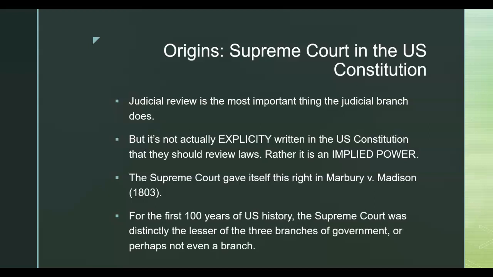Either way, judicial review is now established practice. Everyone expects it. It's 217 years of judicial review as of recording this video. So, there you go. We would call that an implied power, right? It's implied in the Constitution that you're allowed to do this, but it's not explicitly stated.